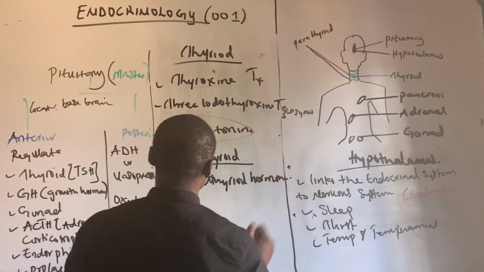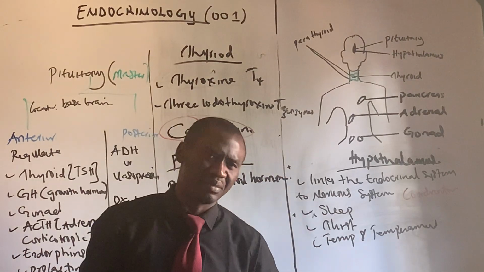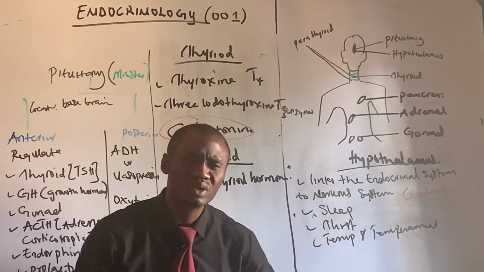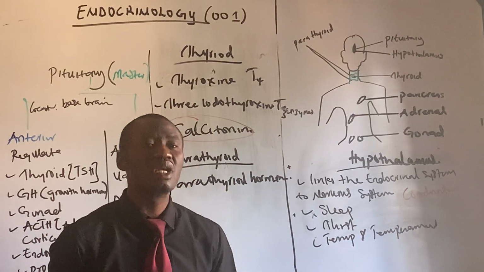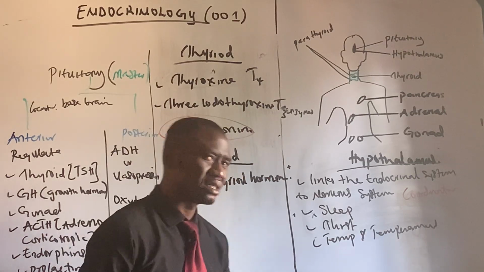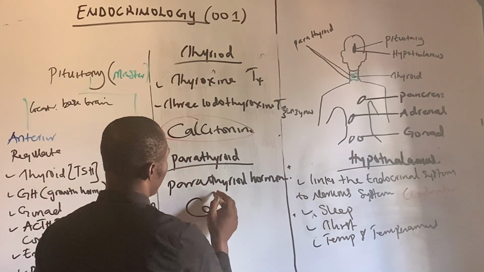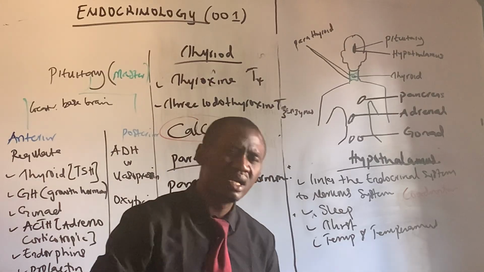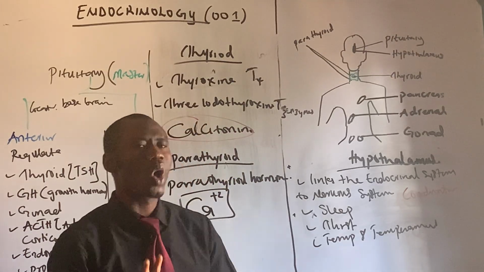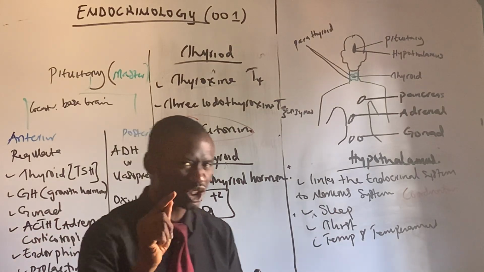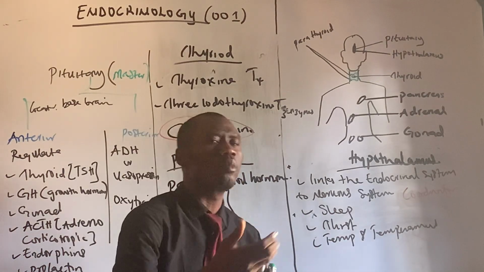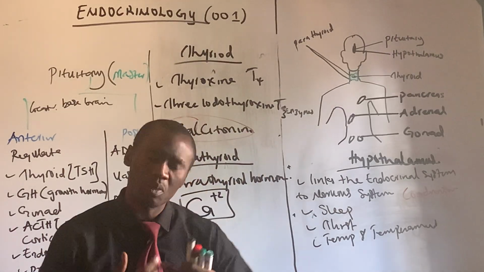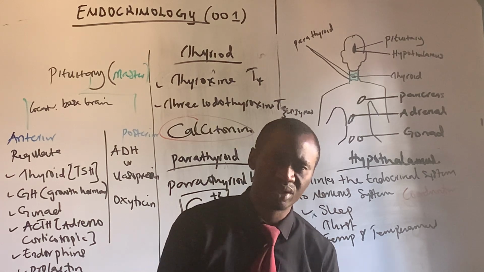What this hormone is doing is that it helps regulate the calcium content in the bloodstream. Meanwhile, calcitonin counteracts it, which means parathyroid hormone increases the calcium content in your blood, while calcitonin reduces the calcium content in the blood.